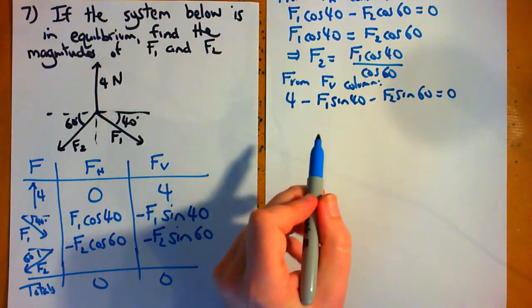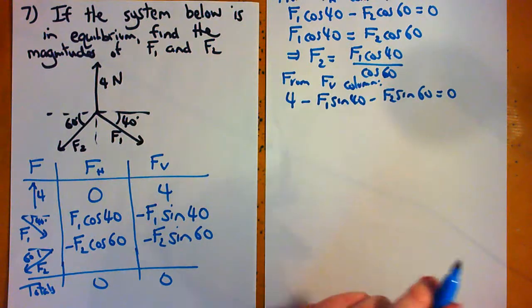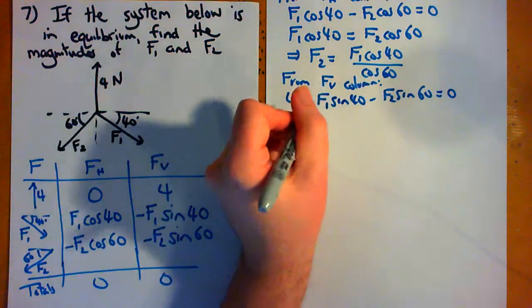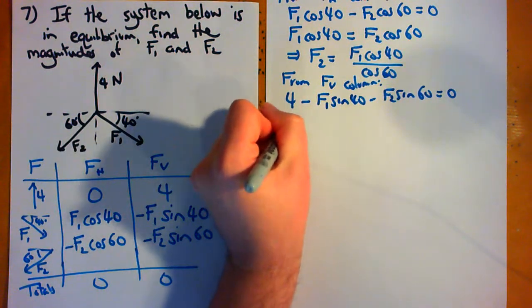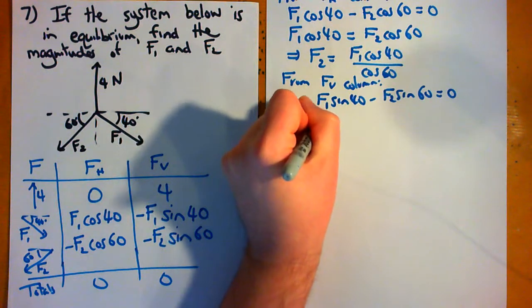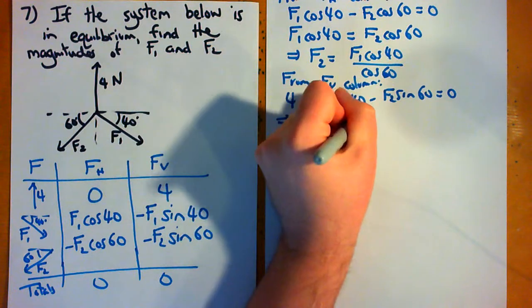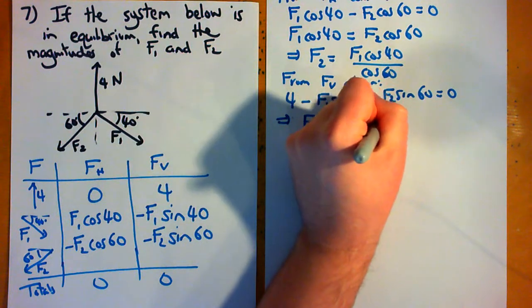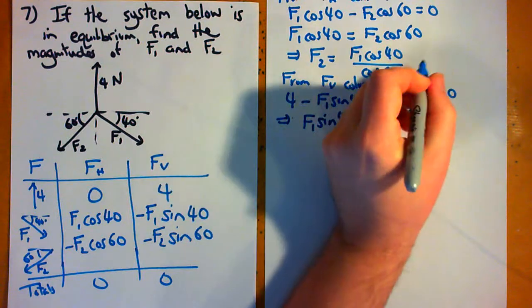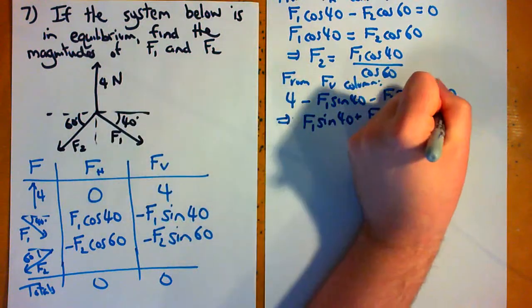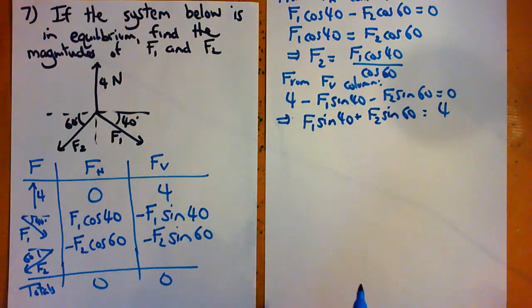If we move the F1 sine 40 and the F2 sine 60 to the other side, moving the two negatives, we get 4 equals F1 sine 40 plus F2 sine 60.